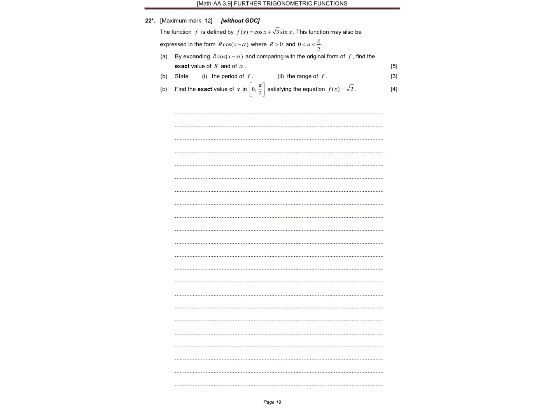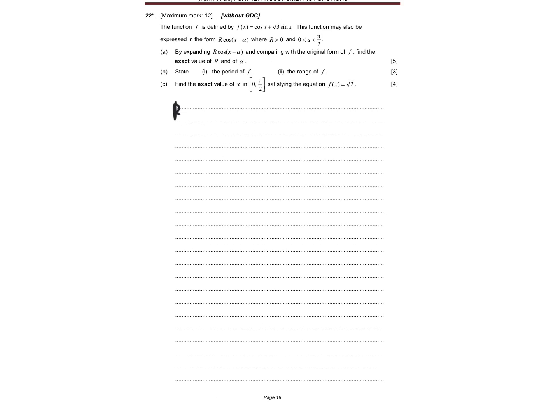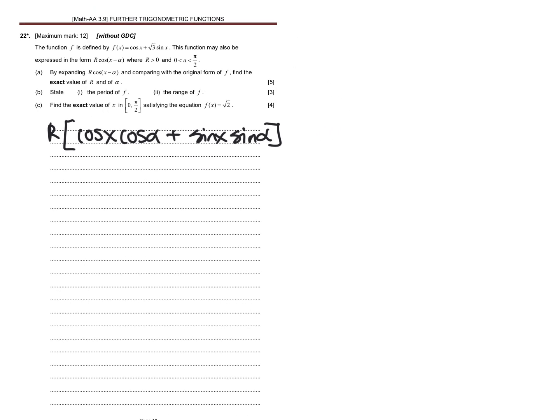All right, we've got this function. It can also be expressed like that. By expanding that and comparing with the original form, find the exact value of r and of alpha. Okay, so we've got r, and then we've got cosine x cosine alpha plus sine x sine alpha. And this is going to be equal to cosine x plus root 3 sine x.